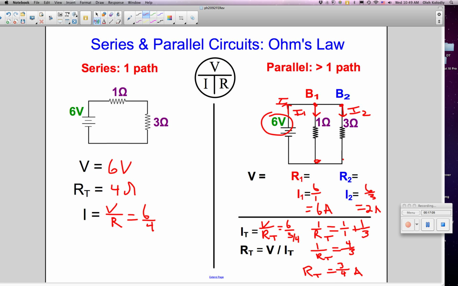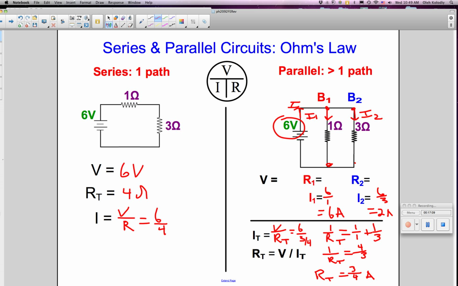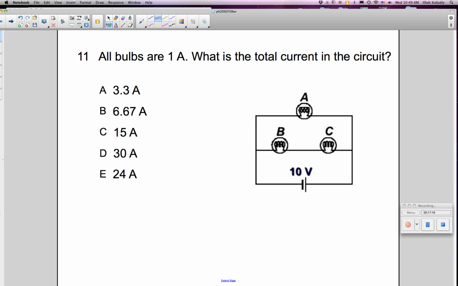Of course, the more interesting problems are a combination of resistors in parallel and series. So for example, all bulbs are 1 amp. What is the total current in the circuit?